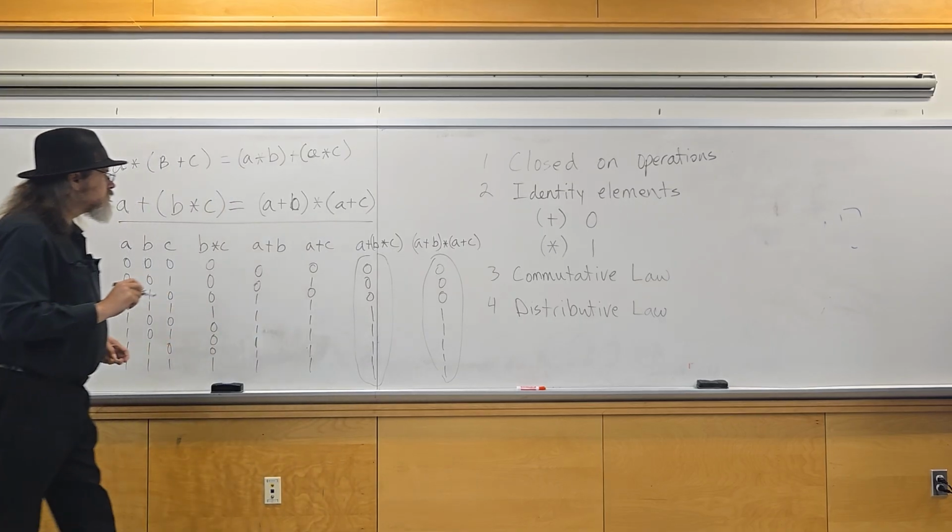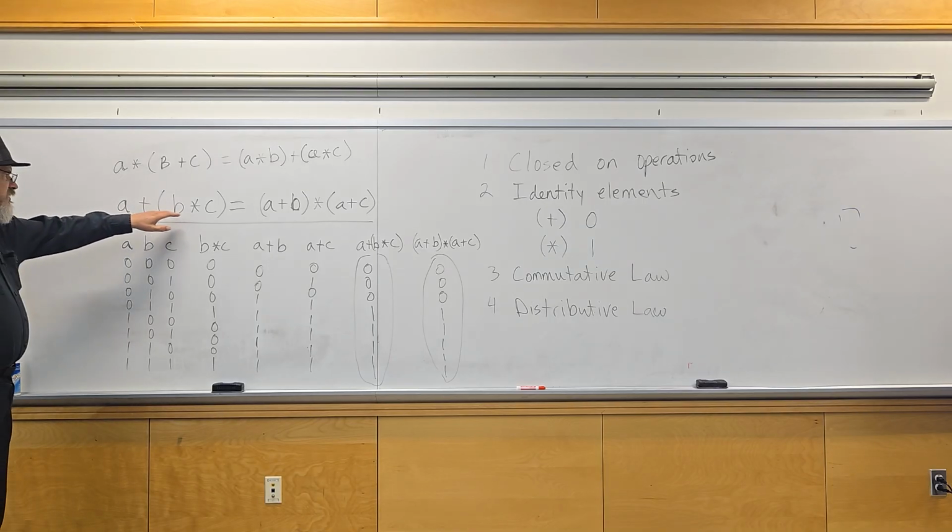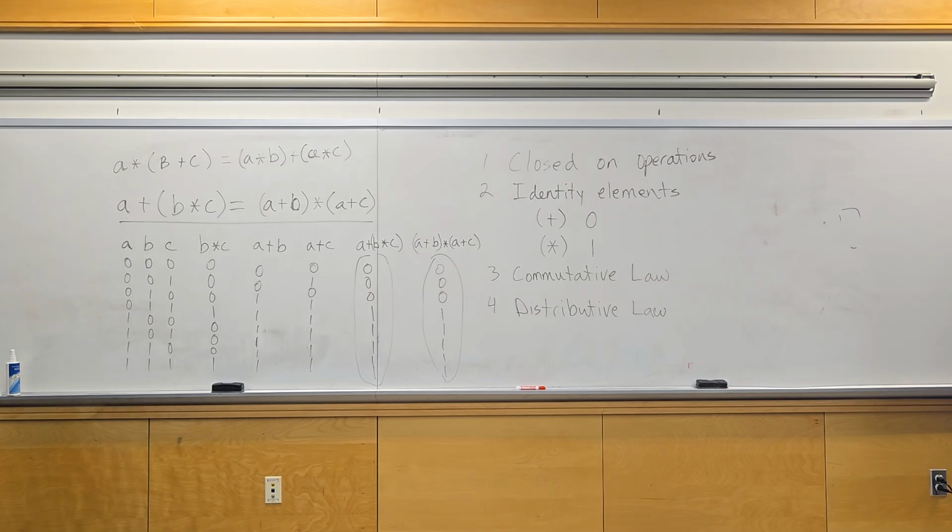My apologies for the mix up on the two. It's a little confusing, the distributive law as far as Boolean algebra is concerned. But yeah, it does work out with A plus (B and C) equaling (A plus B) and (A plus C).